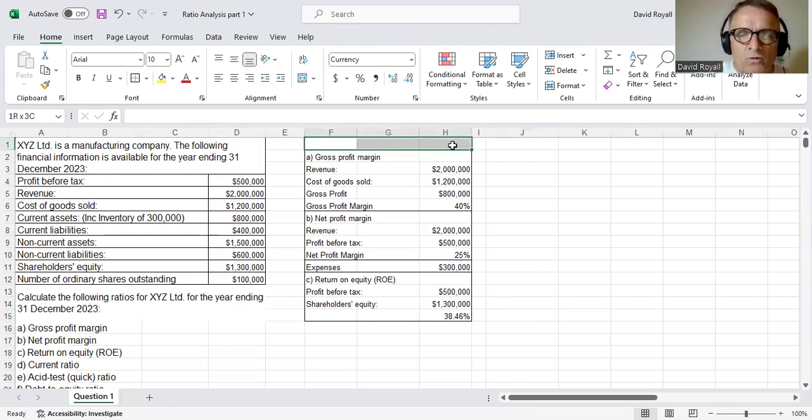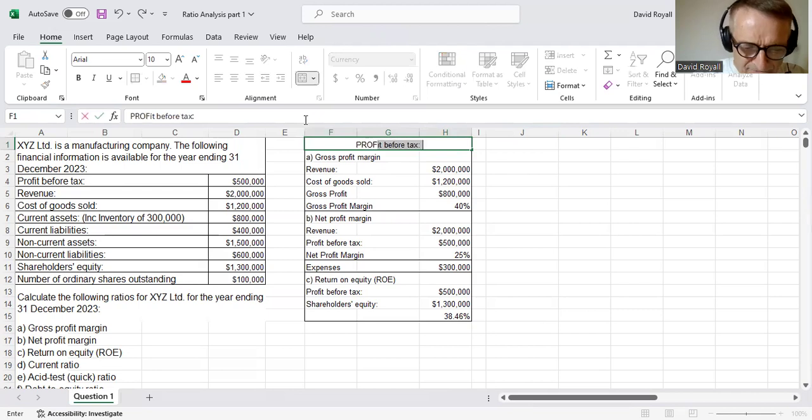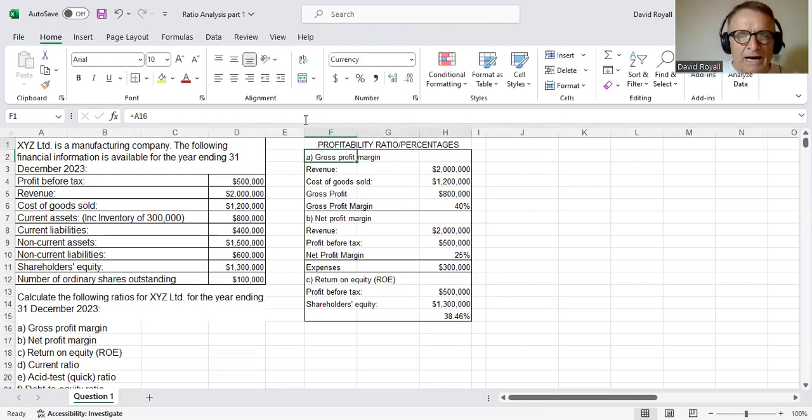Okay, so all these ratios have one thing in common. They're called profitability ratios, or percentages, of course. And they try to measure how well our business is doing. So I seem to be fairly aloof about is it good, is it bad?